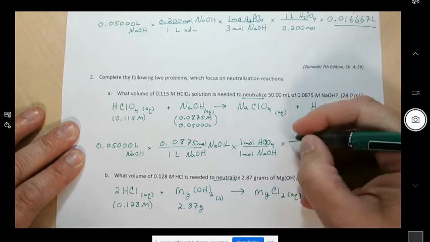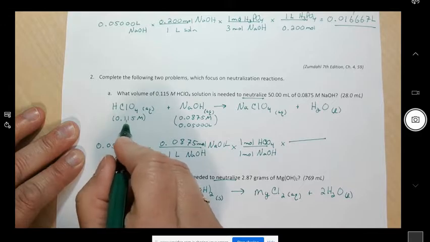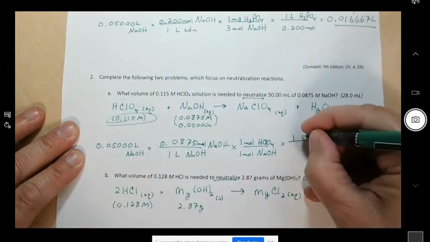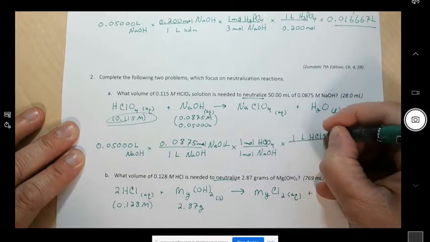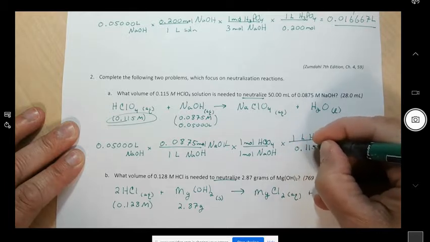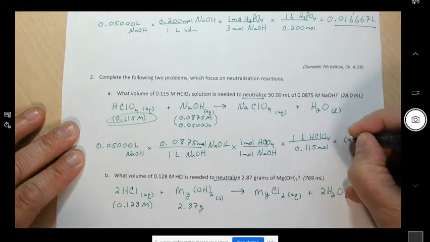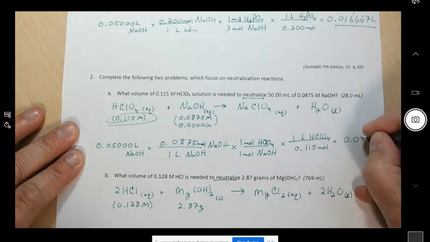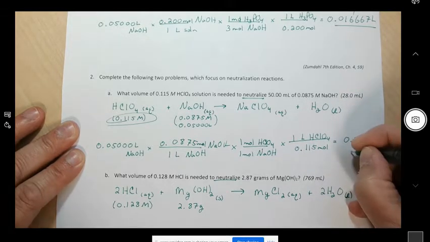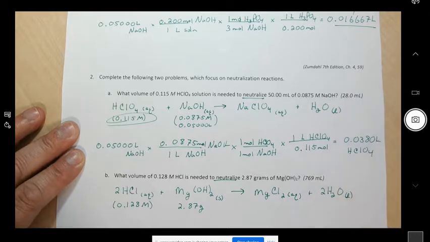And then I know that for my acid, for every 1 liter of HClO4, I'm going to have 0.115 moles. That gives me 0.0380 liters of HClO4.